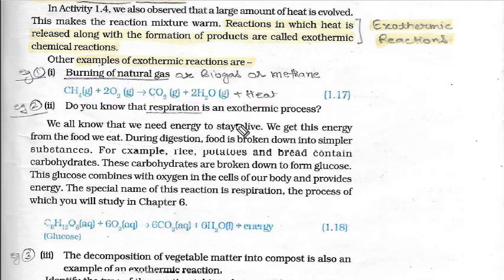Next, do you know that respiration is also an exothermic reaction? But what is respiration? See here, when glucose reacts with oxygen in our cell, it will form carbon dioxide plus water plus energy.